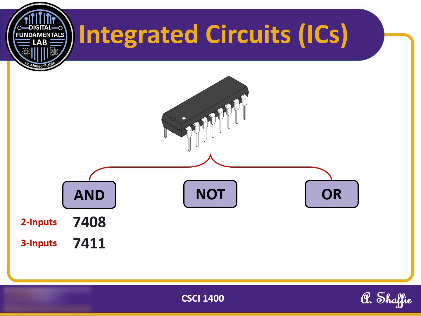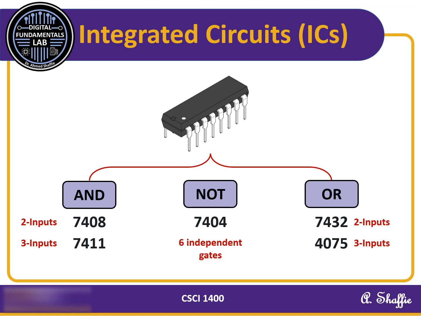Next, for the NOT gate, we use the 7404 IC, and it has 6 independent NOT gates. And for the OR gate, we have two options as well, the 7432 for two input OR gates and the 4075 for three input OR gates. It is important to note that the ICs starting with 74 belong to the TTL family, which stands for transistor transistor logic.